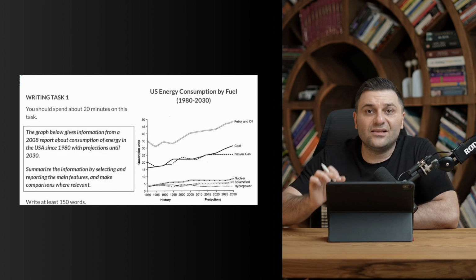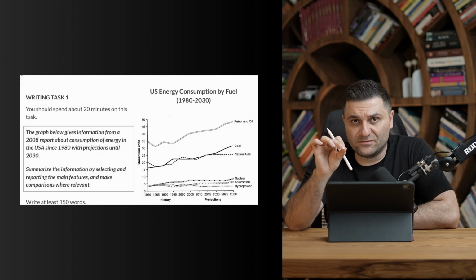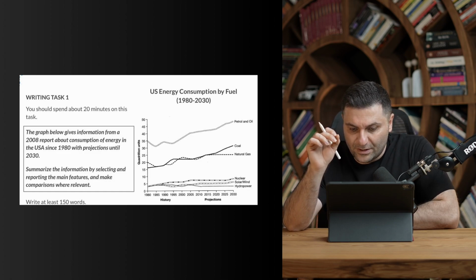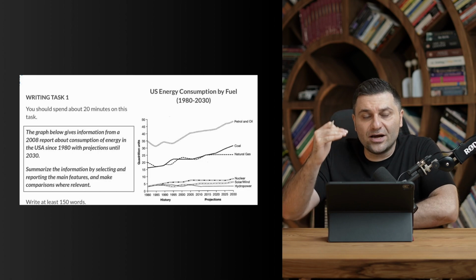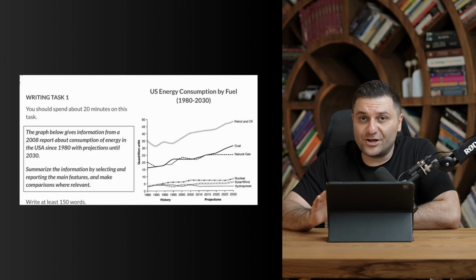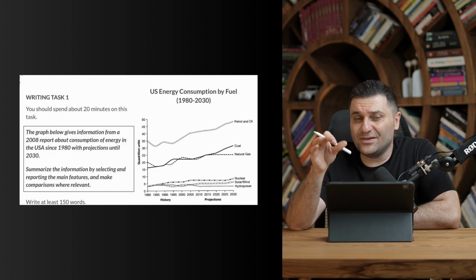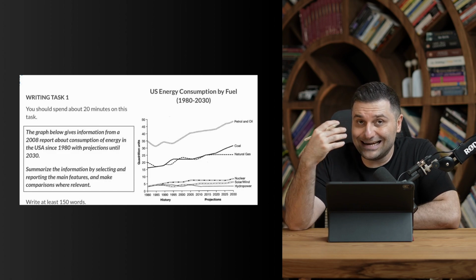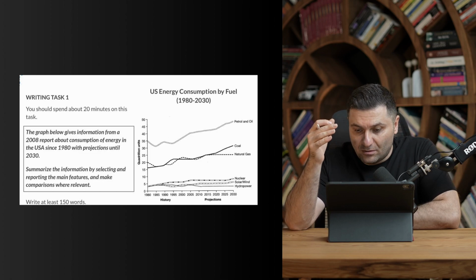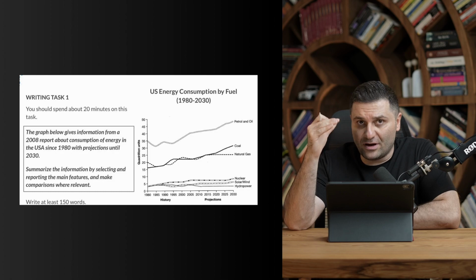I've highlighted some very important information here. For example, in the beginning, the highest point was petrol and oil, and nuclear, solar, wind, and hydropower were all the same at the beginning of the period. At the end, petrol and oil is again the highest point.